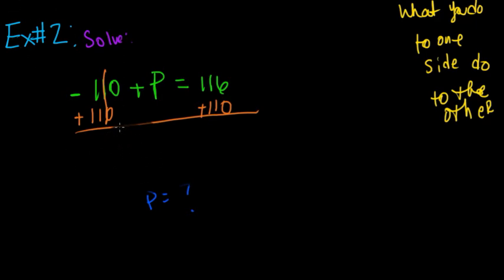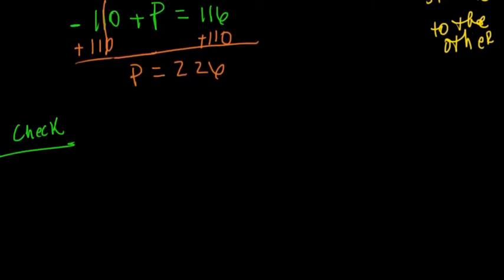So it'll be 0 plus p, which is p, is equal to 116 plus 110. So 116 plus 110 will give me 226. Okay? 226 is my answer. So it says p is equal to 226. Well, let's go ahead and do a check here, just so we can make sure this is right. Let's do a check.